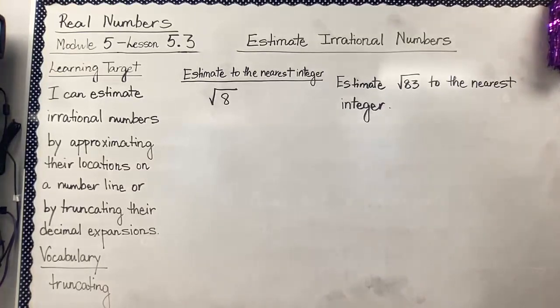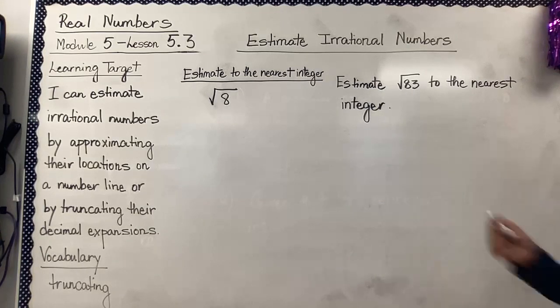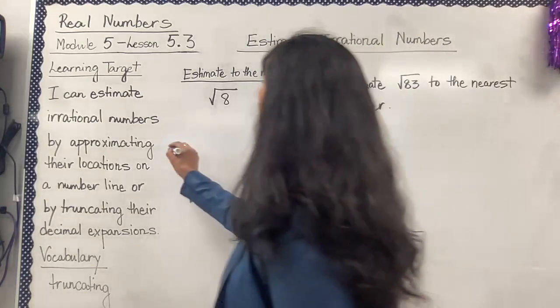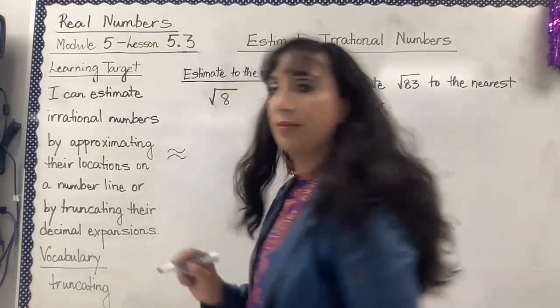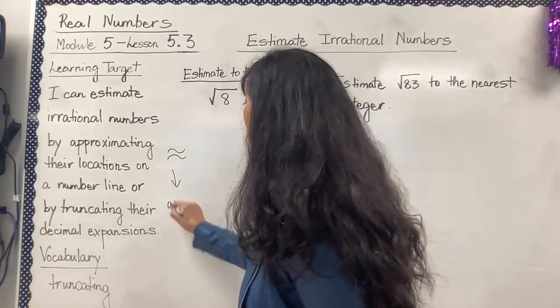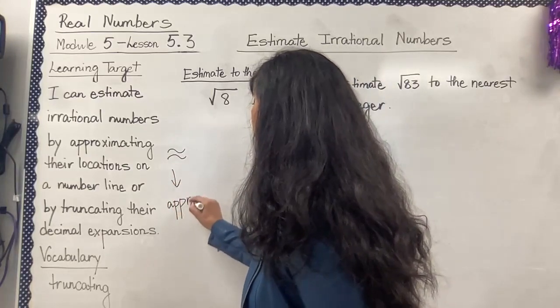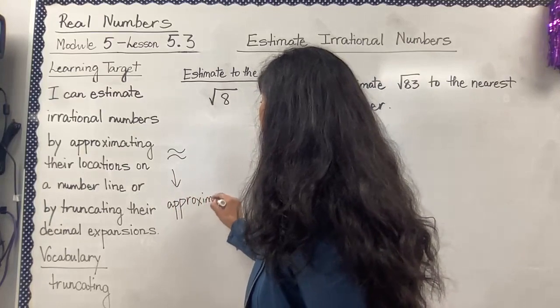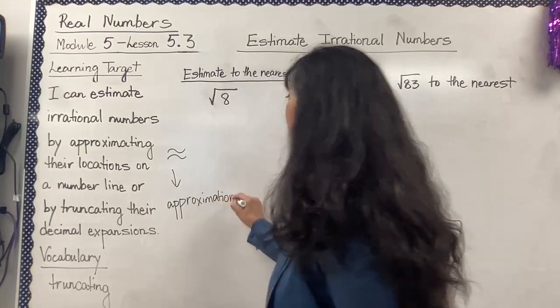Okay, so to write the decimal expansion of an irrational number, you can denote an approximation using the symbol ≈. Okay, and what does this mean? We've talked about this before. This is an approximation symbol.